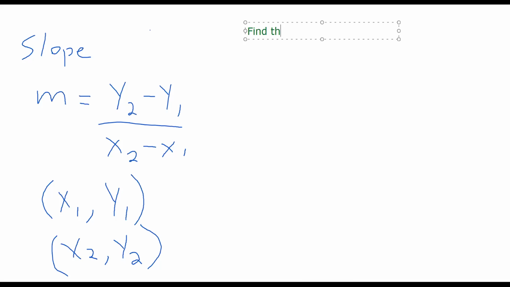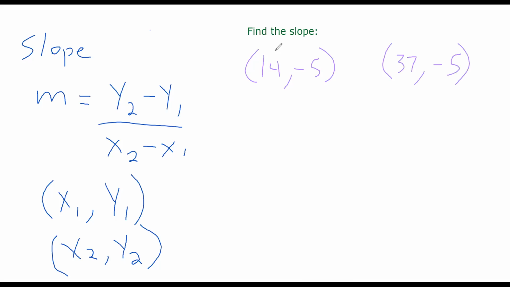So again, find the slope between these 2 points. Let's say those points are 14, -5. And let's say the other point is 37, -5. Okay, we see repeated y values.